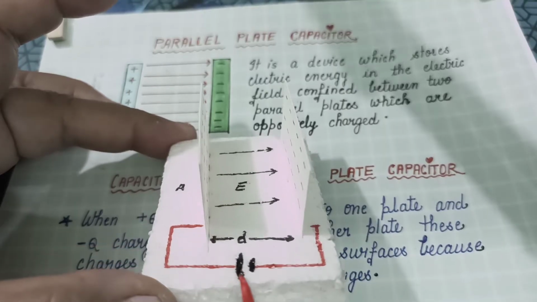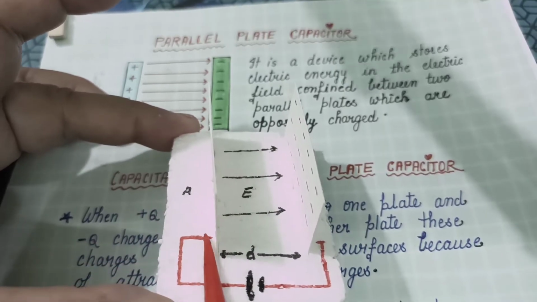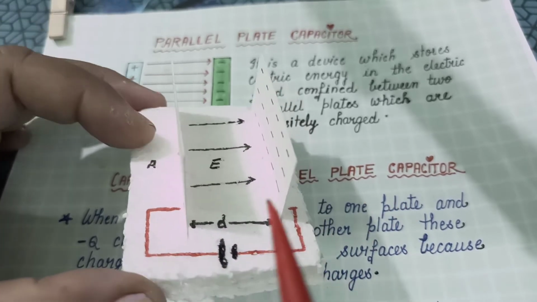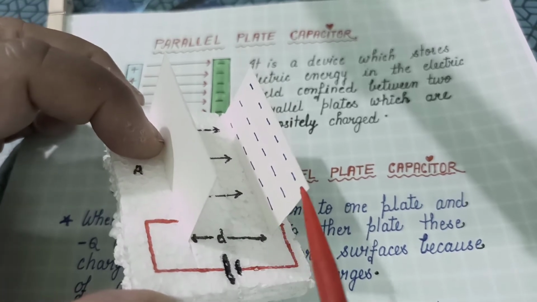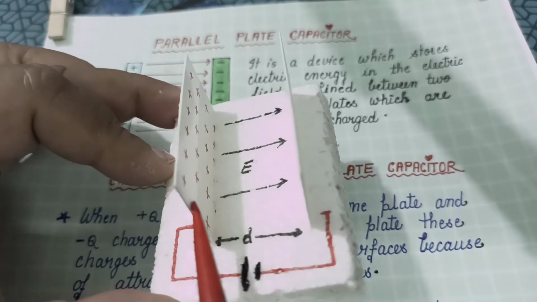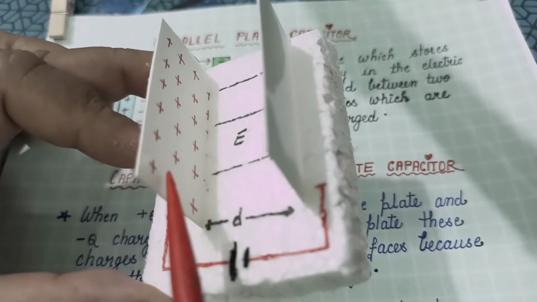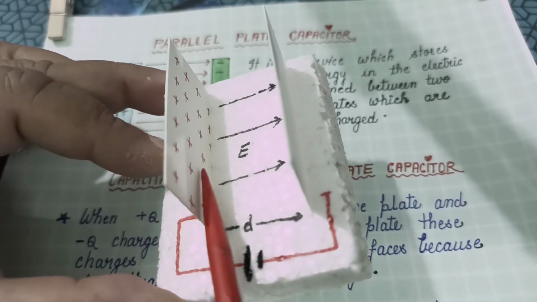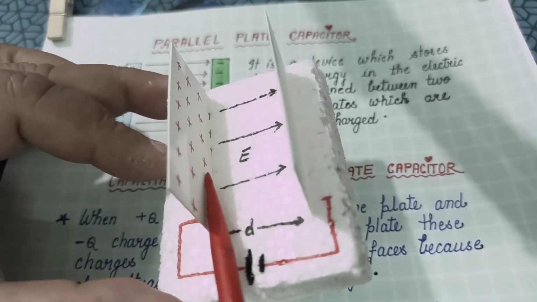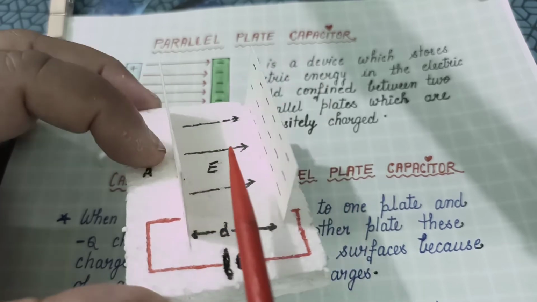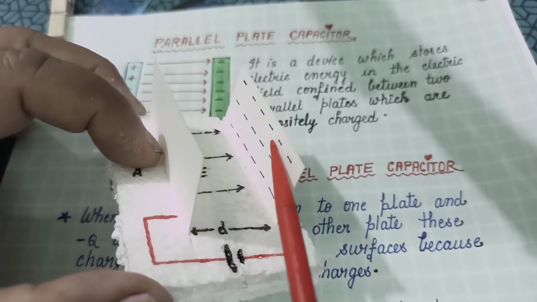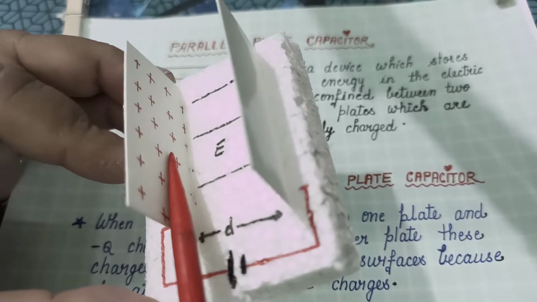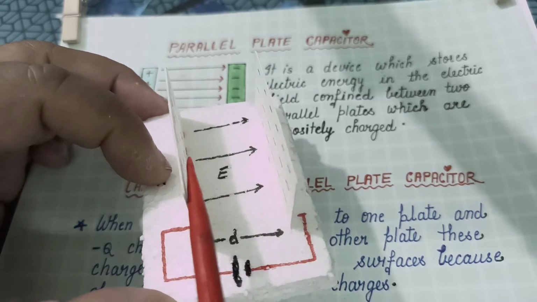The positive terminal of the battery takes electrons from this plate and transfers them to this plate. So what happens? This plate starts becoming negatively charged and the plate which is connected with the positive terminal starts becoming positively charged. Now the interesting thing is that the whole positive charge of the parallel plate capacitor will lie on this surface only, which is facing the negative plate, and the whole negative charge will lie on this surface only, which is facing the positive plate, because of the attraction force between each other.